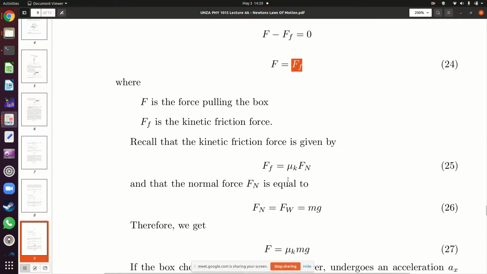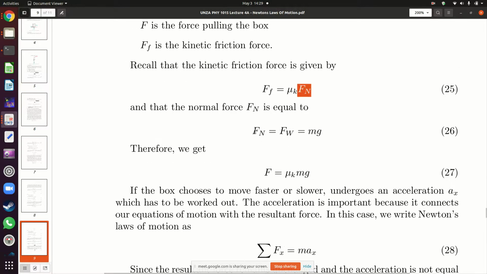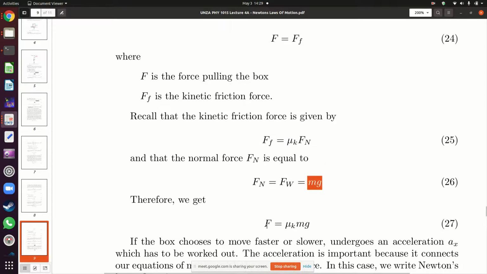So in our case, the kinetic friction force, Ff, is equal to the coefficient of kinetic friction multiplied by the normal force. The normal force we know is equal to the weight, which is equal to the mass multiplied by acceleration due to gravity. Therefore, our friction force, our pull force, is going to be equal to mu k multiplied by mg.